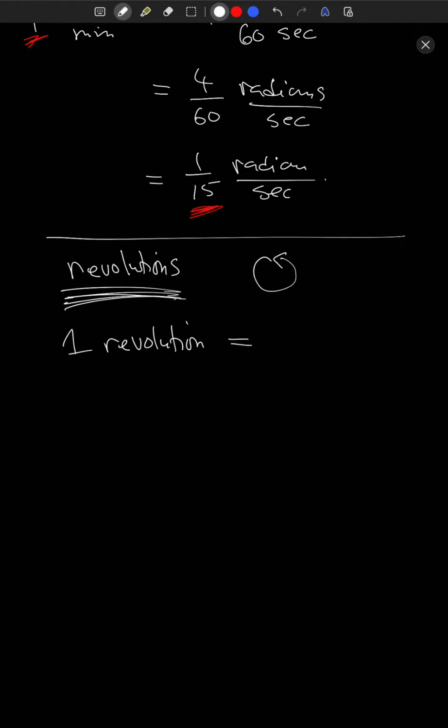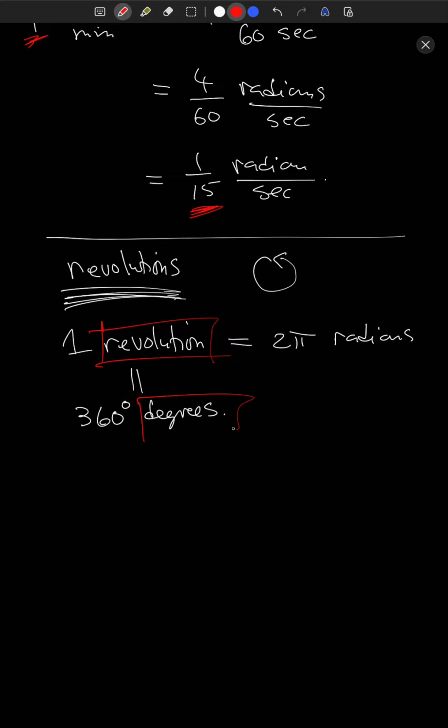And if I want to convert that to radians, well, going around an entire circle in radians is 2 pi radians, right? And if I wanted to convert that to degrees, 1 revolution going around a circle an entire time is the same as 360 degrees. Okay, so this allows us to convert very freely between the idea of a revolution, an idea of a degree, and an idea of a radian, right?